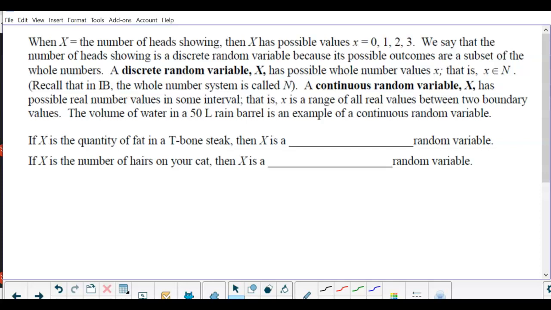Remember in IB, whole numbers is N, natural numbers. We're talking about whole numbers because we could have 0. A continuous random variable x has possible real number values in some interval. That is, x is a range of all real values between 2 boundaries, like the rain barrel between 0 and 50.